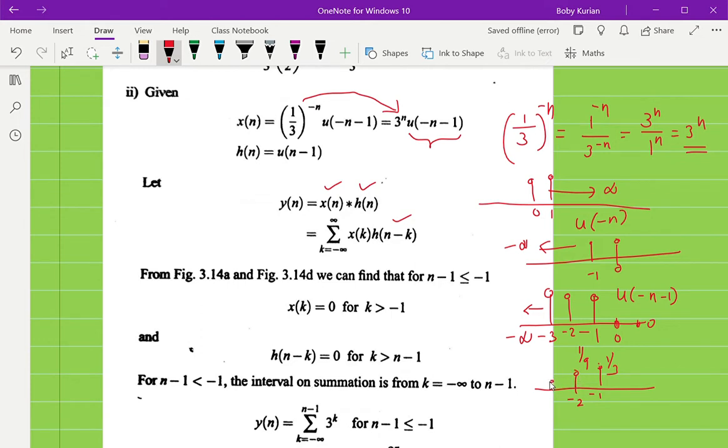Next one is 1 by 27, meaning 3 raised to minus 3. So in the negative direction it is exponentially decreasing.